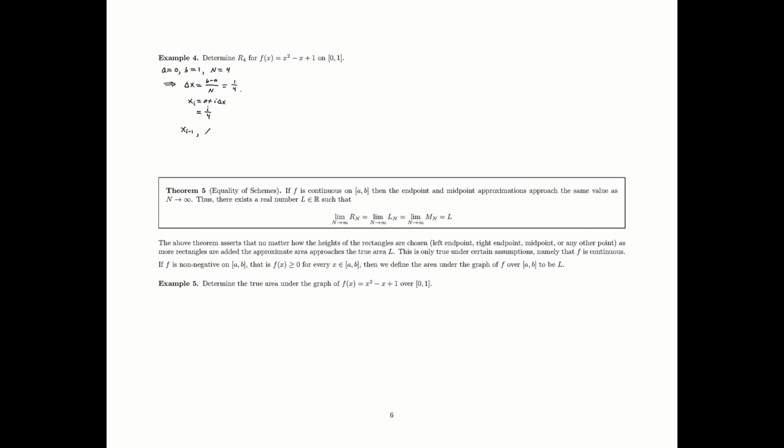For the right endpoint, we'll be using x sub i. And if we were doing the midpoint, we would use the average of those two. So for us, all we need to do now is calculate what f of x sub i is. Well, this is i squared over 16 minus i over 4 plus 1.